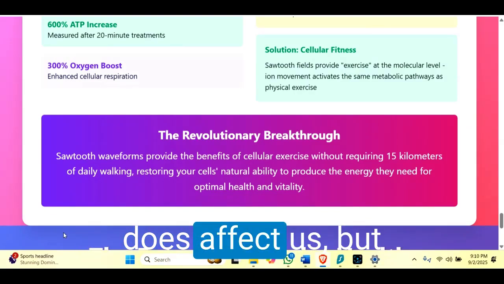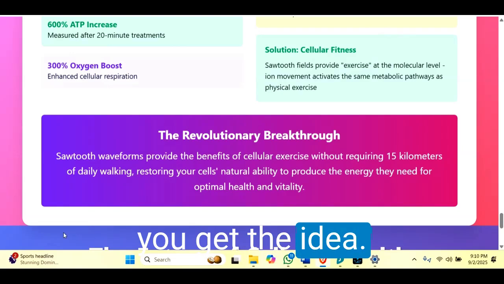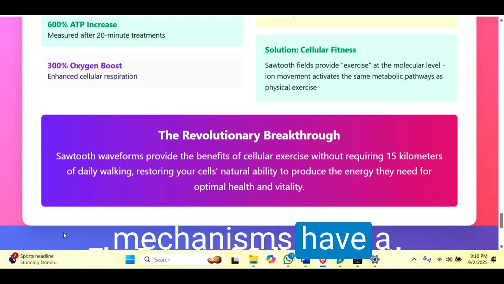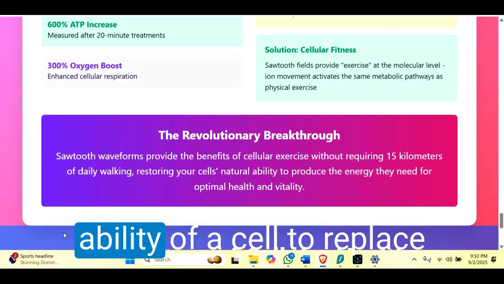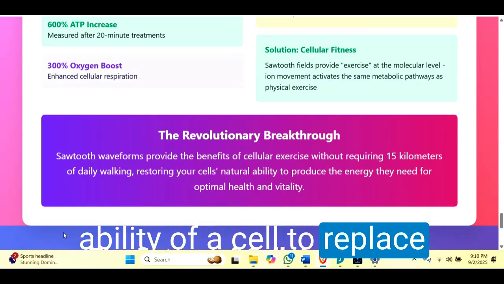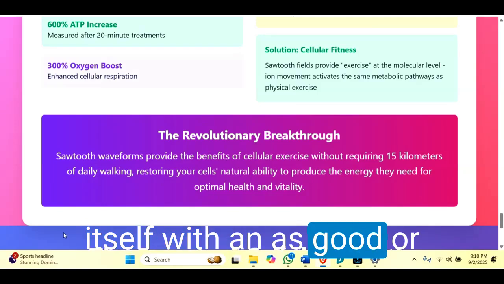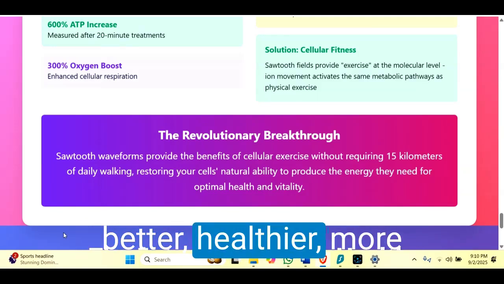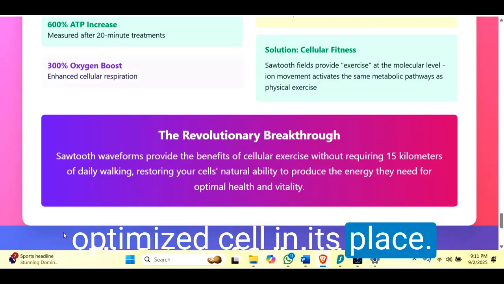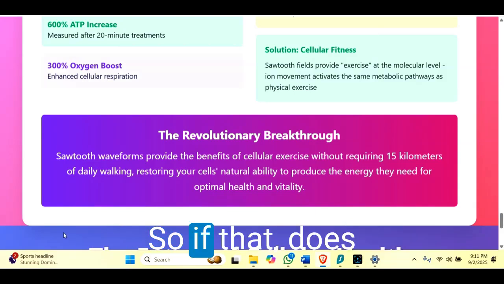Obviously, age still does affect us, but you get the idea. These same core mechanisms have a great influence on the ability of a cell to replace itself with an as good or better, healthier, more optimized cell in its place. So if that makes sense.